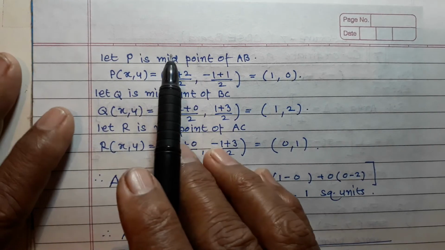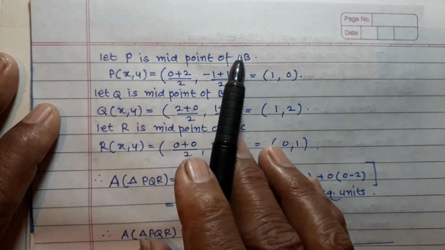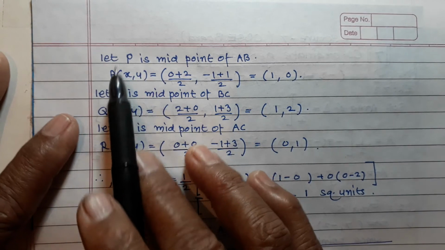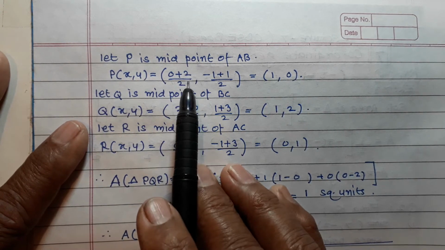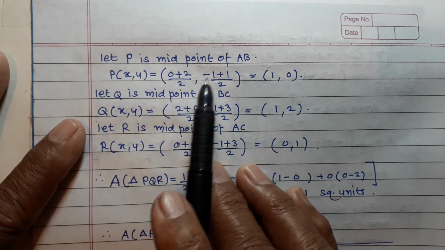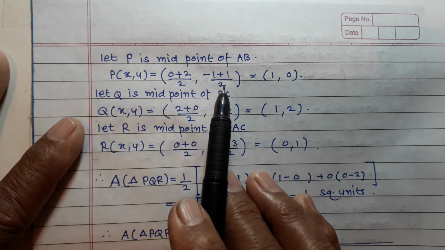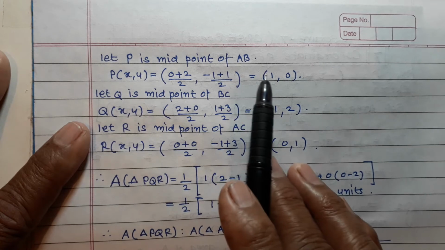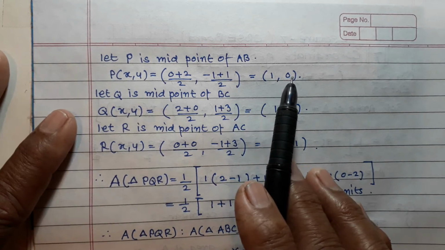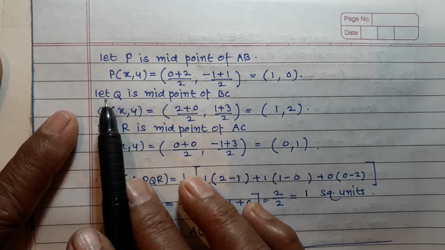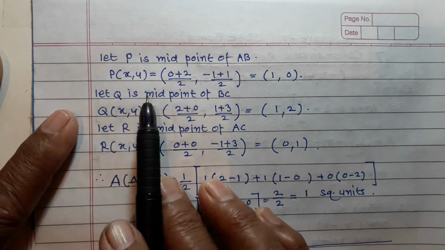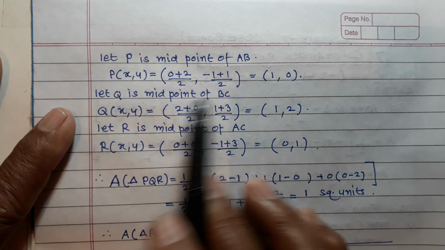So let P be the midpoint of side AB, and therefore P x, y is equal to 0 plus 2 upon 2 and minus 1 plus 1 upon 2. So the coordinates of P are 1, 0. Similarly find the coordinates of Q. Q is the midpoint of BC.